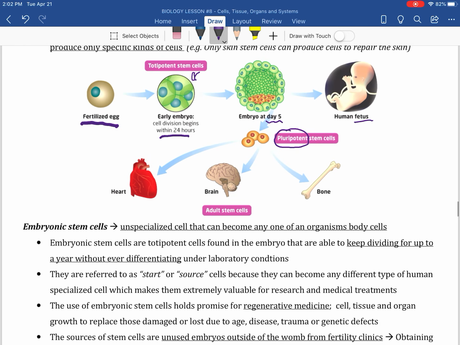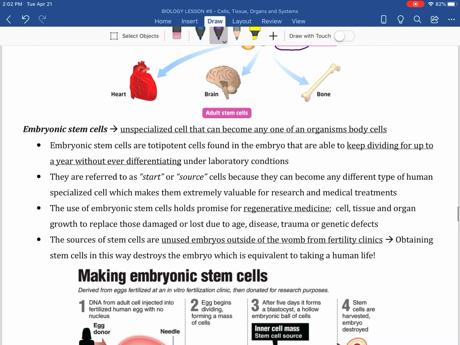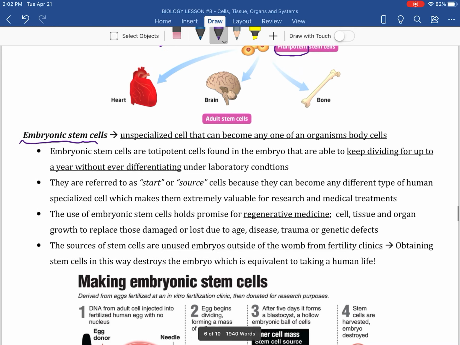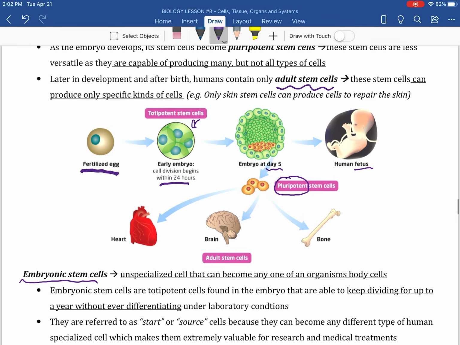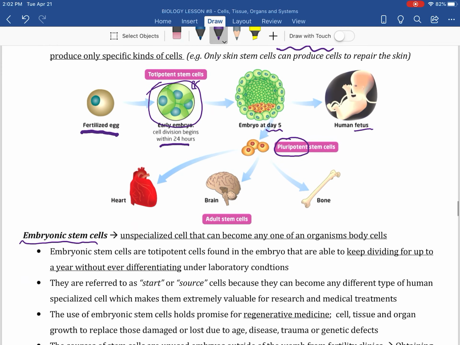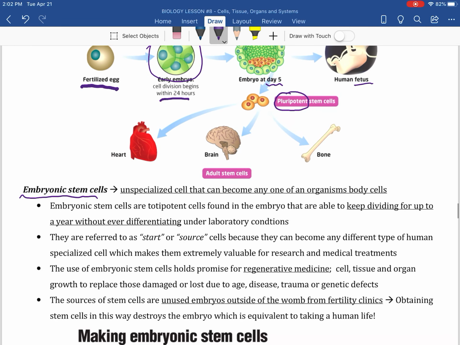Okay? So when we're talking about embryonic stem cells, we're pretty much talking about this situation where they can be any kind of cell. And they're a stem cell that can keep dividing for up to a year without ever differentiating under laboratory conditions.